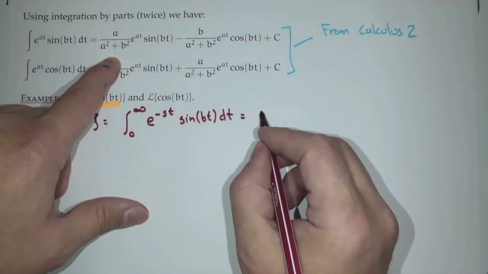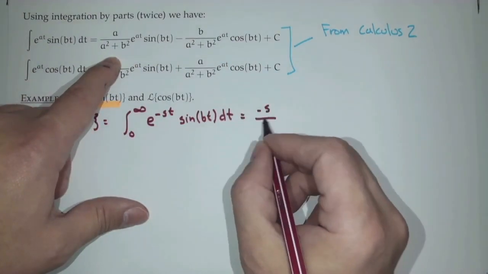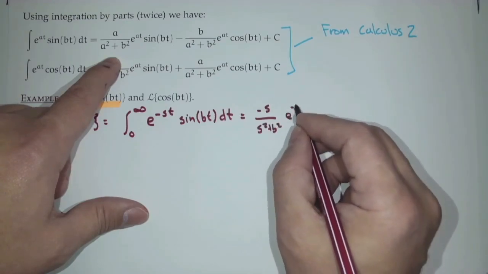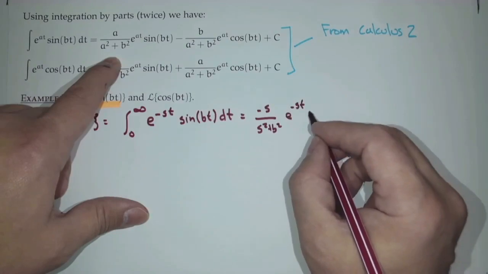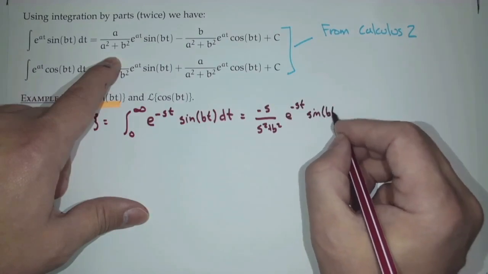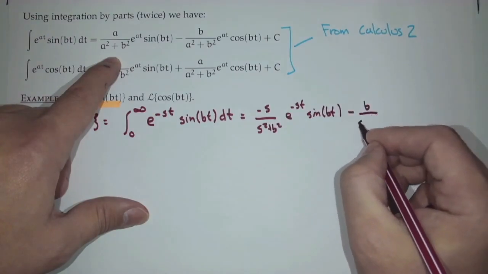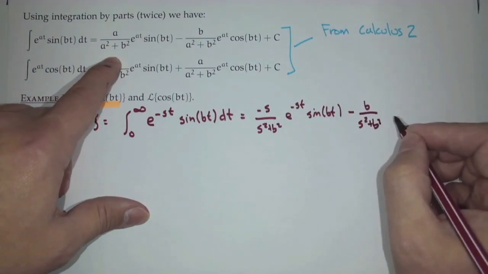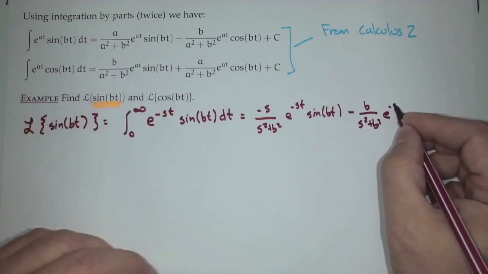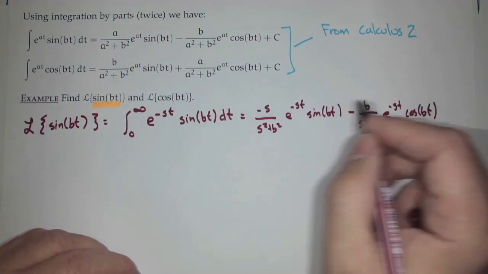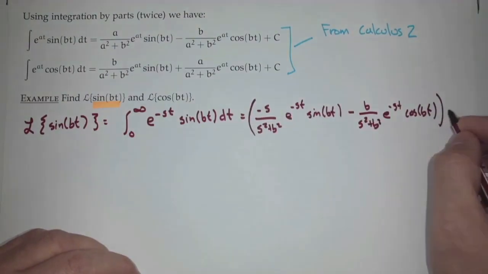So that would be negative s squared plus b squared, e to the minus st sine of bt, minus b over s squared plus b squared, e to the minus st cosine of bt. And then we evaluate that from 0 to infinity.